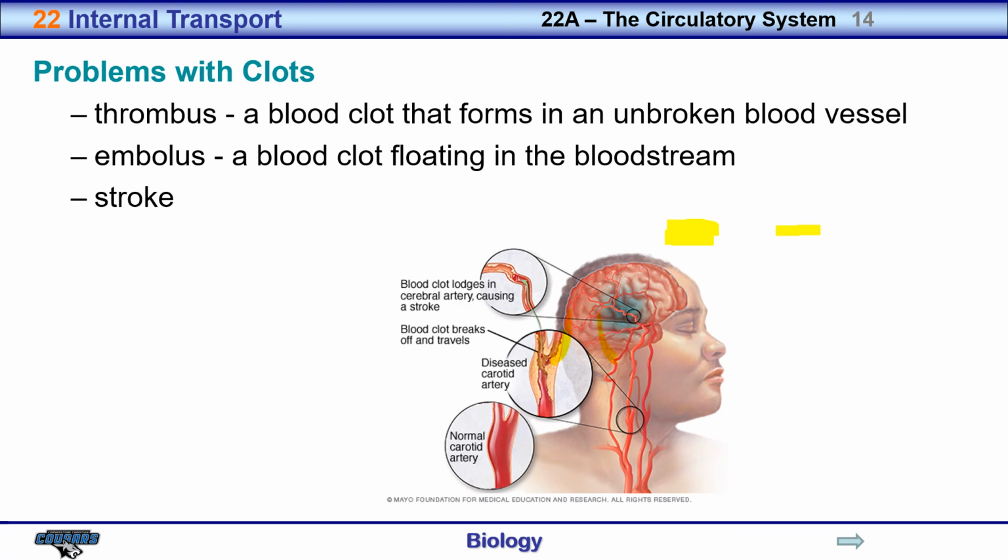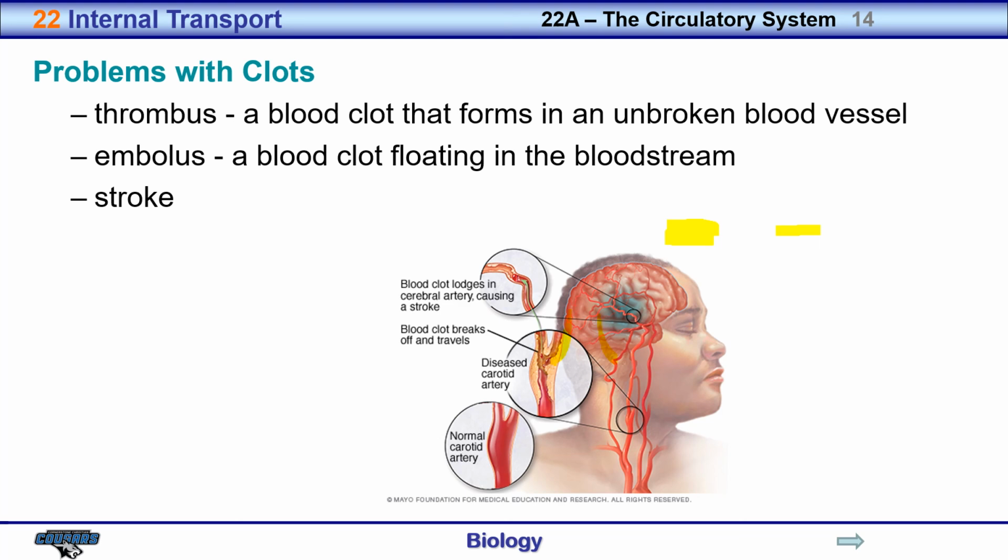So down here in the series of pictures, this is what your carotid artery would look like. The carotid is down here in your neck, just below your jaw. Sometimes you can have a diseased carotid artery, and then it can form a blood clot, and that can start moving up into other parts of the brain and cutting off blood flow to that portion of the brain.